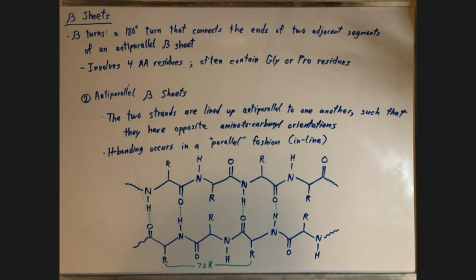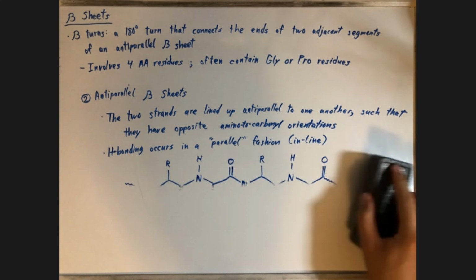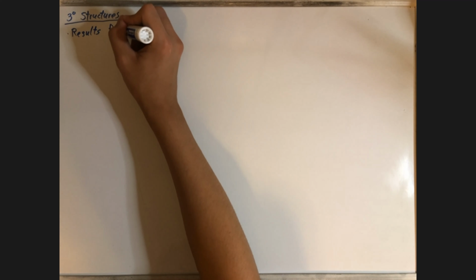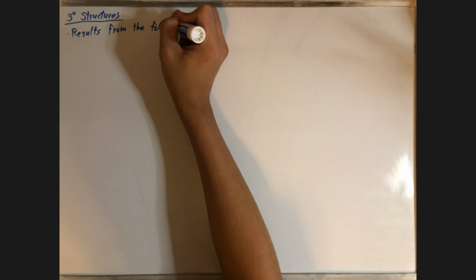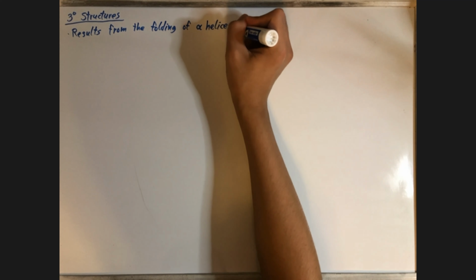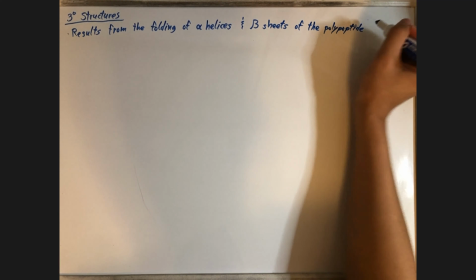Now let's move on to the more complex tertiary structures. Tertiary structures result from the folding of alpha helices and beta sheets of the polypeptide chain.